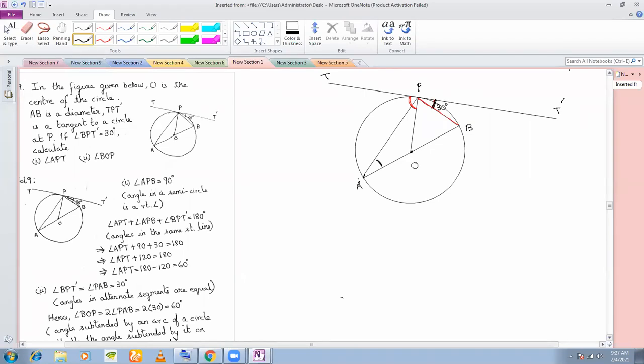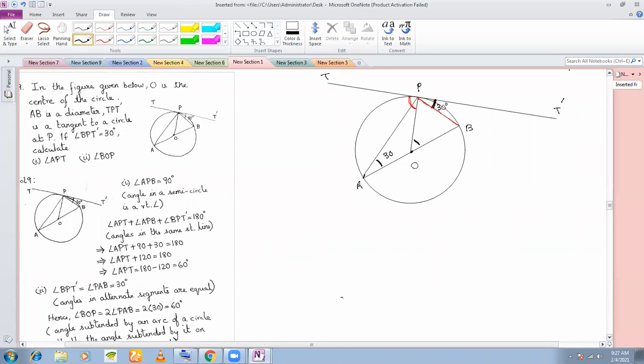So we can find out this angle. How much is this angle? 30 degree, because angles on alternate segments are equal. Next, once we have found out this angle, we can find out this angle, right?